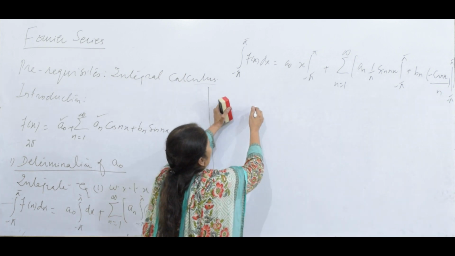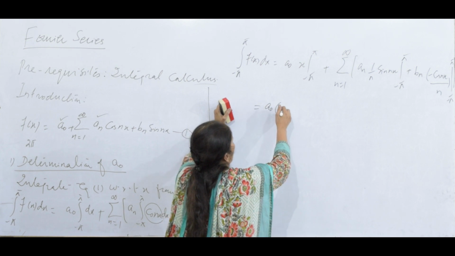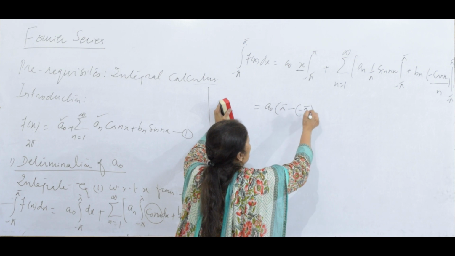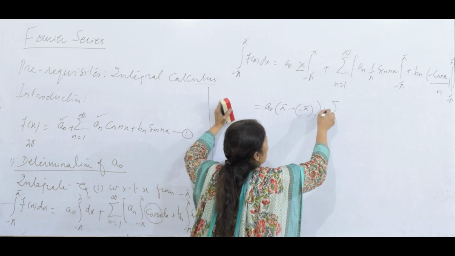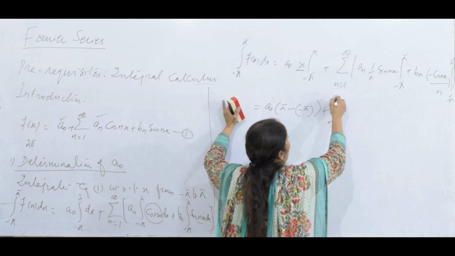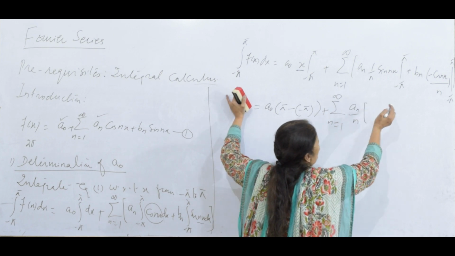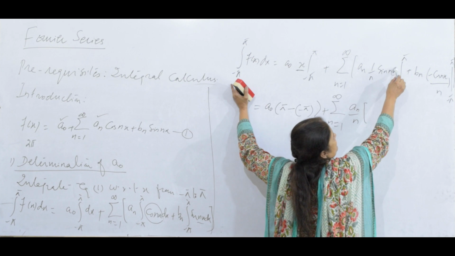So I will have a naught with the upper and lower limits: x is replaced by pi, put a negative sign, then minus pi. And this is plus the sum for n equal to 1 to infinity of a n over n, with upper and lower limits on x.